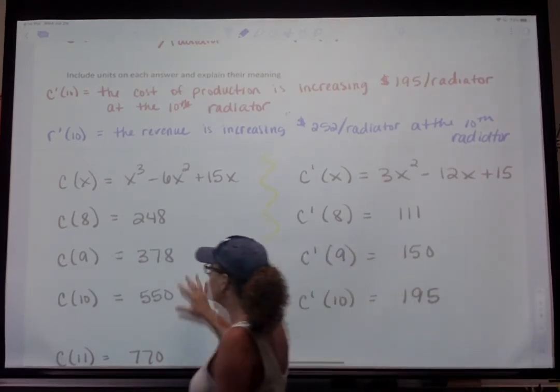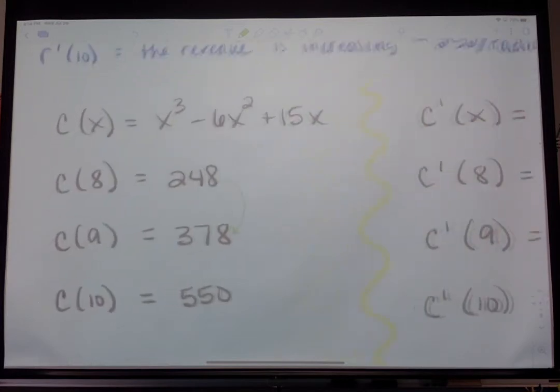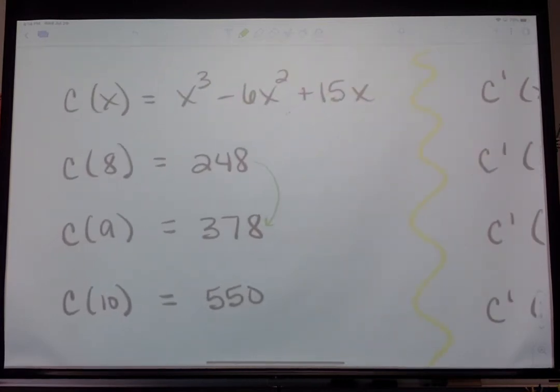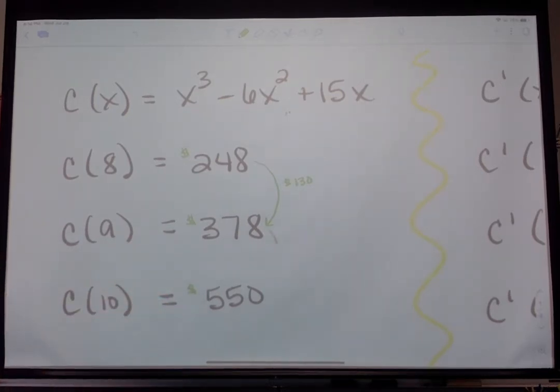Do you see over here how from the 8th radiator to the 9th radiator, the cost went up $130? And from the 9th radiator to the 10th radiator, the cost went up $172.